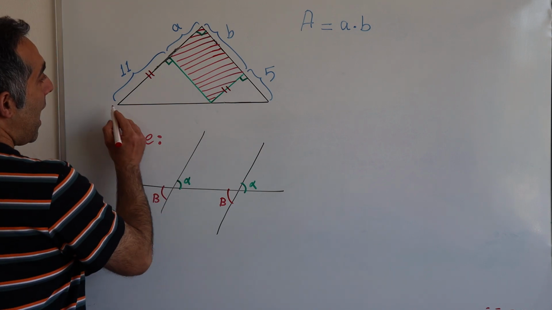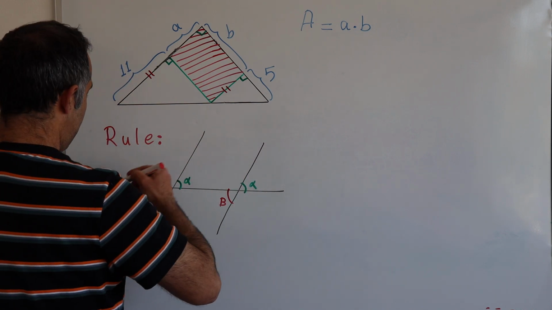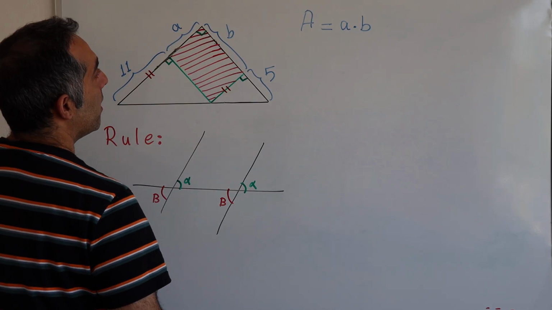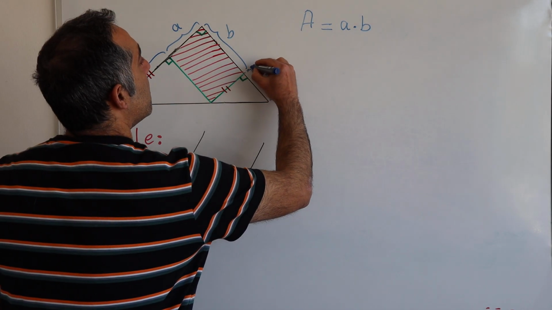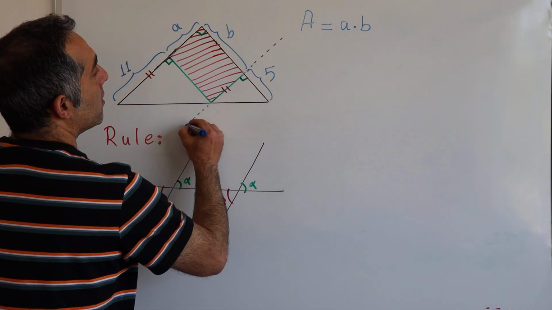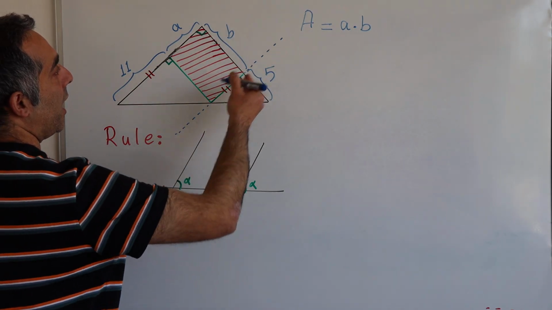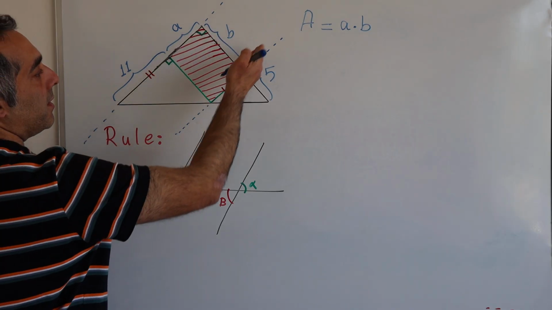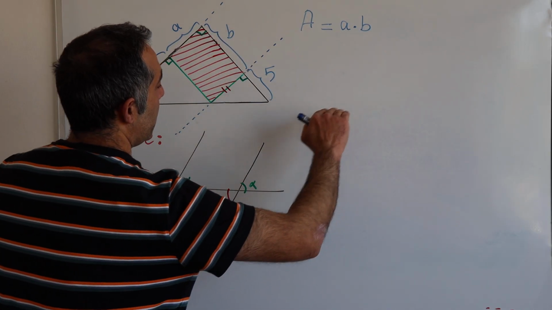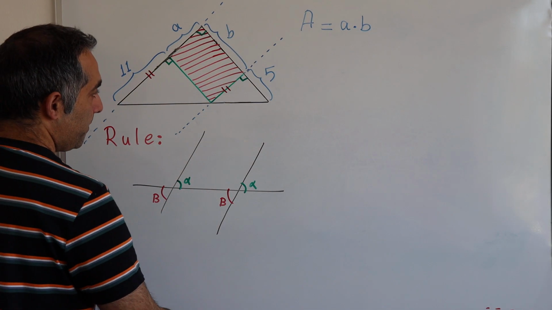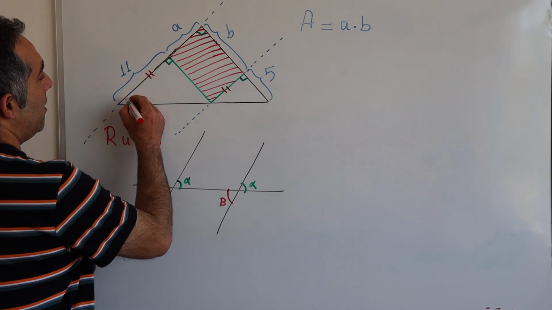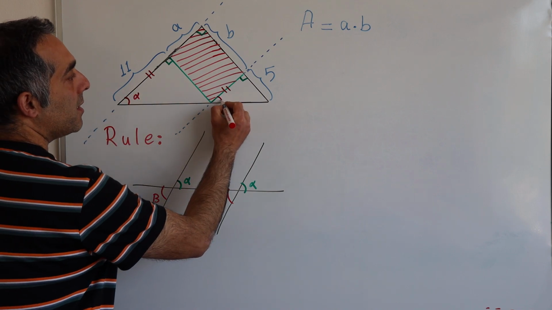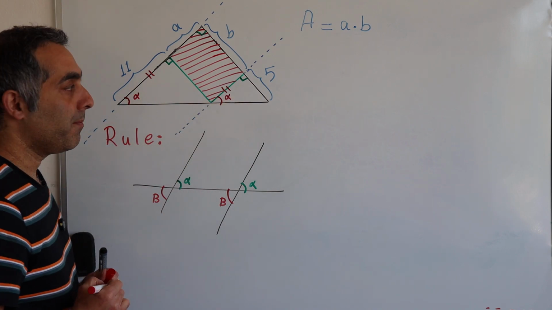And this line crosses over these. I just continue this line and this line, and you can see they have a crossing line here. Then, if you call this angle alpha, then this angle is also alpha.